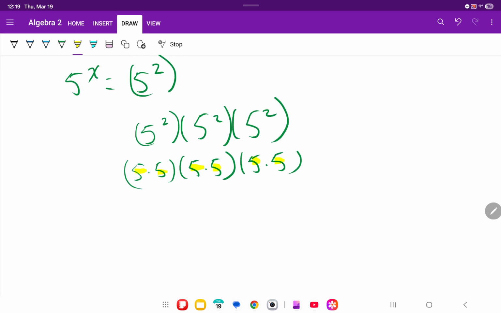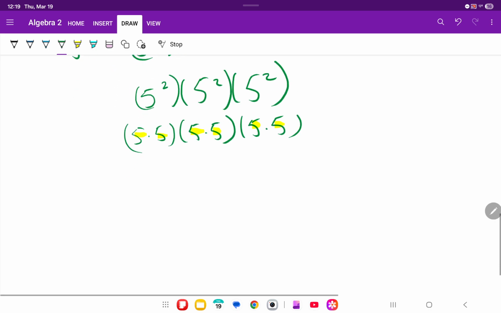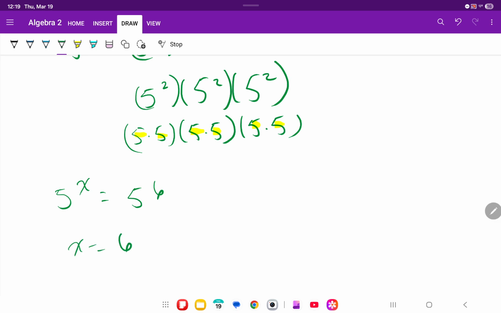So again, I would want to multiply these two numbers together so that it is both base 5 raised to the 6th power, because we're trying to find out what x is. 5 to the x is 5 to the 6th. Now we could drop our bases, so x equals 6.